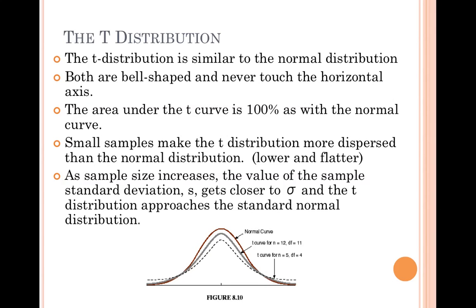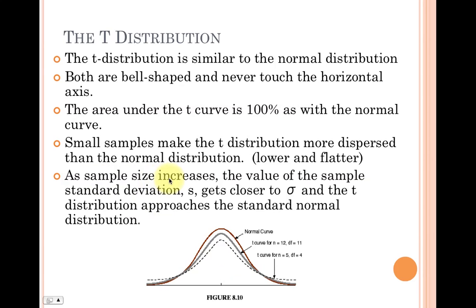And here's a picture. The normal curve is what we know and love. It's in brown here. It's that bell curve that's the tallest here. The t-curve is in gray right below it, and then we have another t-curve that's dotted right below it. The t-curve changes sizes as sample size changes.